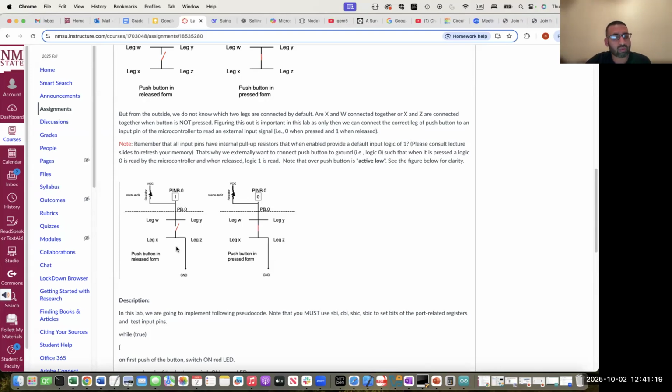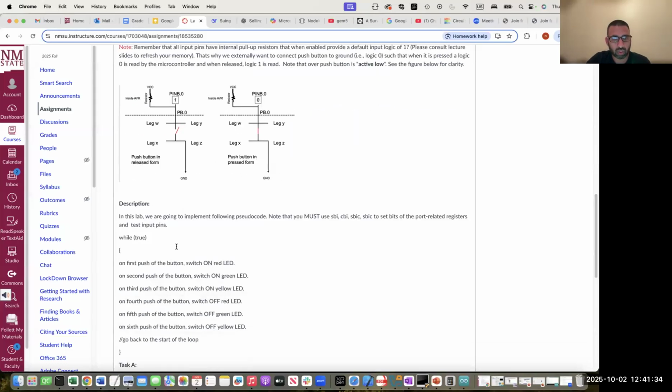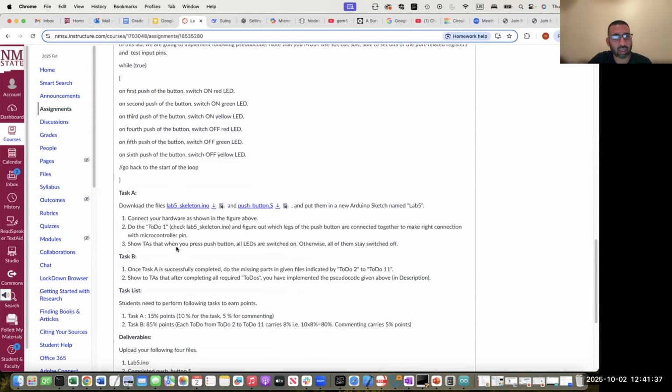And this is the first task which we will be doing in this lab, actually, to figure out which two legs of the push button are paired with each other, right? So for that, what you need to do is task A. I have given you two files, lab5 skeleton.ino and pushbutton.s.